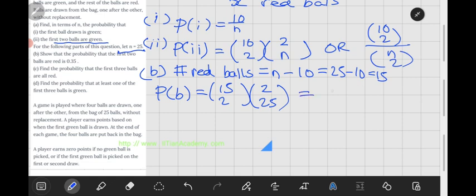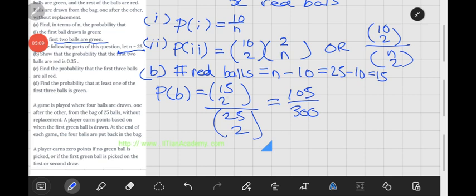So this would give us 105 divided by 300. Just to clarify again, this is the number of ways of selecting two red balls out of the 15 that we have divided by the number of different ways to choose two balls out of 25. We divide the two and then we get 105 over 300, which is also equal to 0.35.